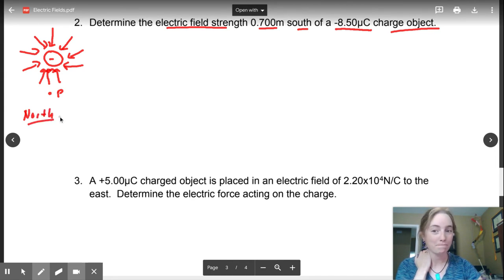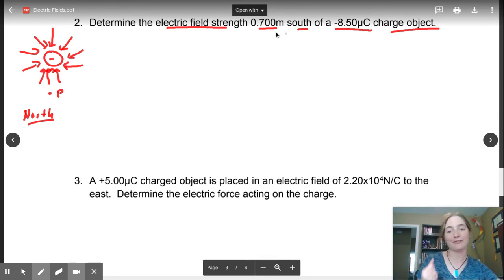Okay? Because it's a vector field. When we say field strength, as the field strength is a vector, I need to have a direction. All right? Okay. So our next piece here is, well, determine the electric field strength.